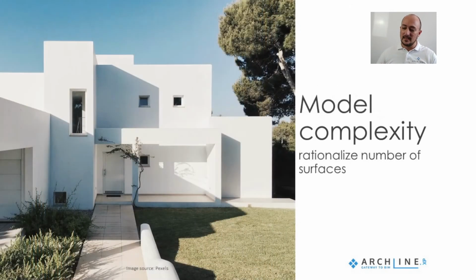And finally, the fifth key factor is the model complexity. The model complexity is measured in a number of surfaces. When you download something from Google Warehouse, you have that count over there, which tells you how many surfaces you have, and even the software, ARCHLine itself, will let you know when you download something that is too complex.